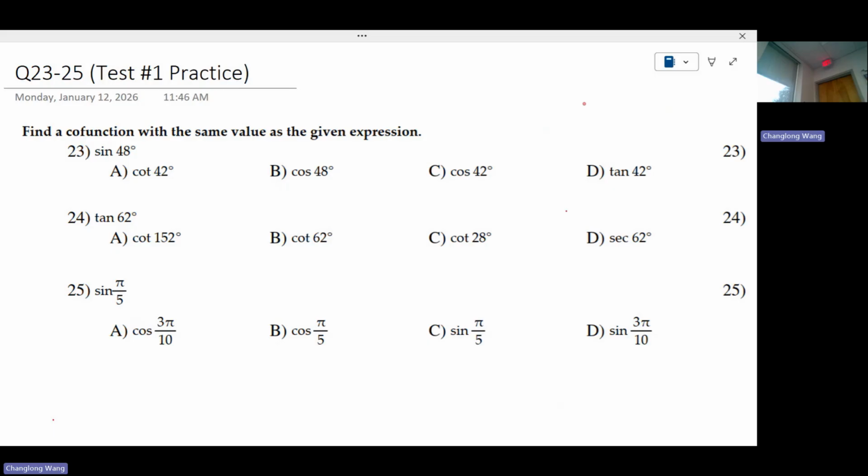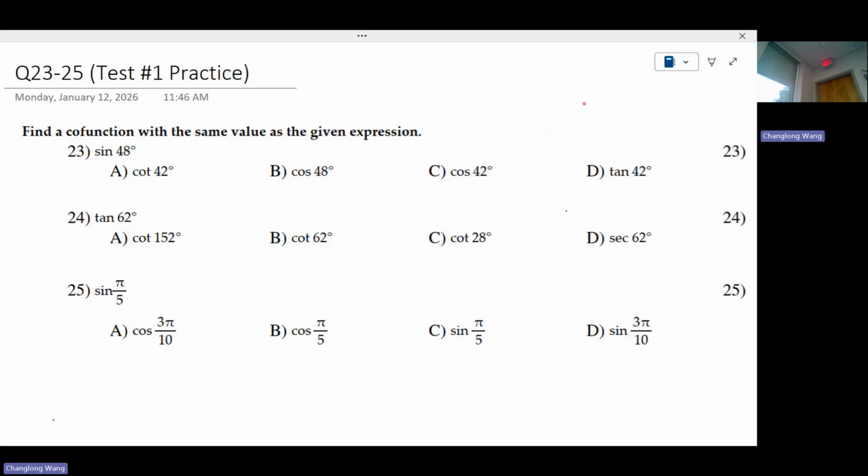what was the identity that you're checking? So cofunction. I want you to think about the cofunction of a sine, which better be cosine, right? So now you're looking at cosine. There are two options here. It's either cosine 48 or cosine 42. We know that the cofunction identity is kind of interesting.